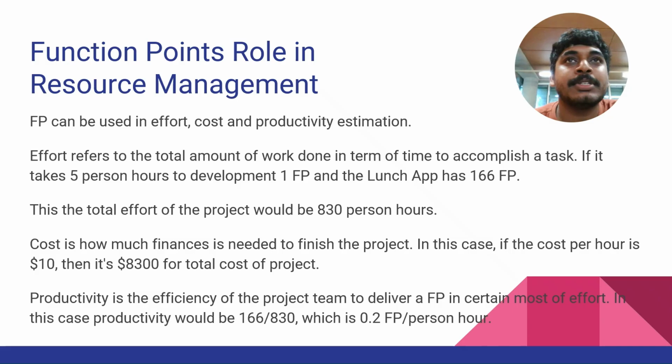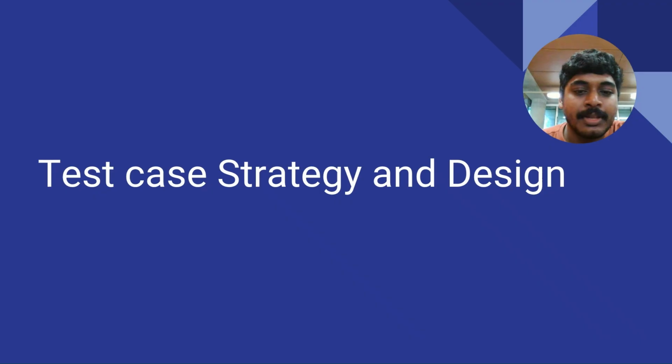So productivity basically shows how much functionality of the system the team can deliver in a person hour that helps the business and represents the business logic. That was all, and now we'll be moving on to test case strategy and design.